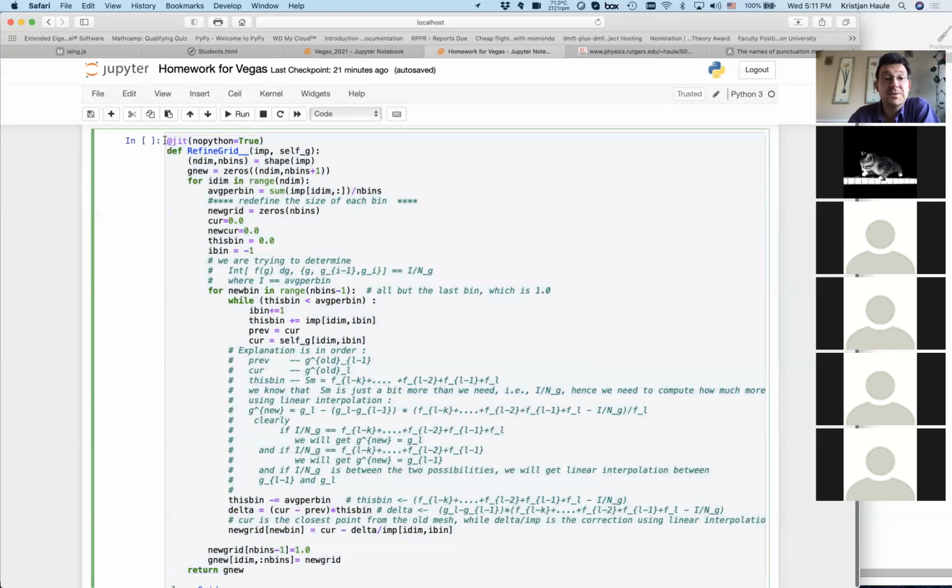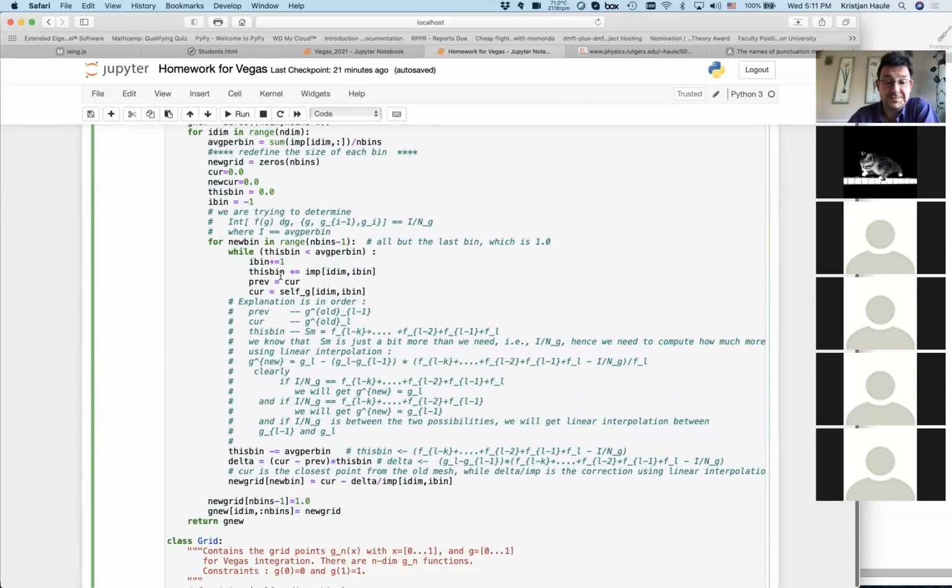And then you can append this JIT, or this Numba line, which speeds up the entire function.